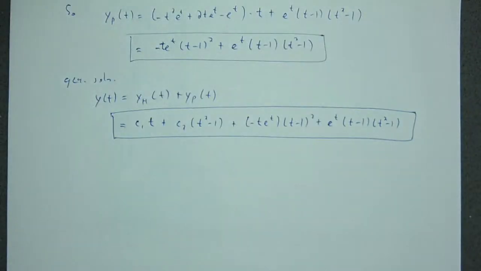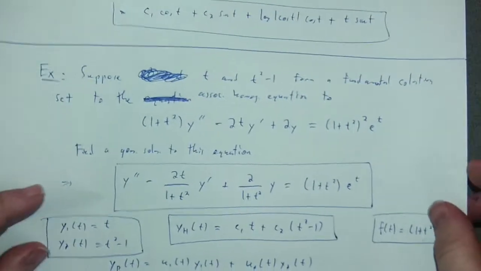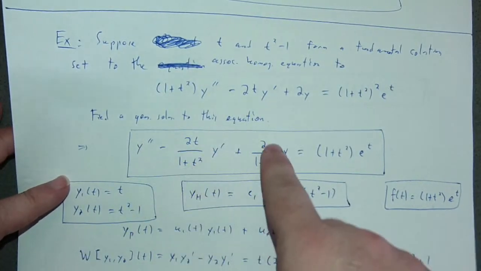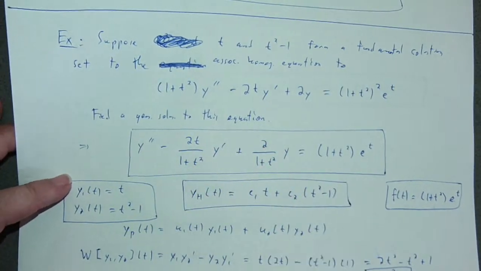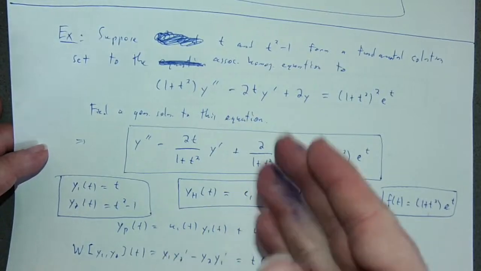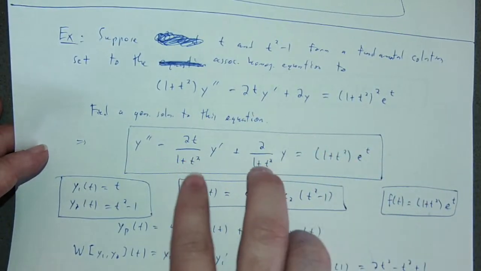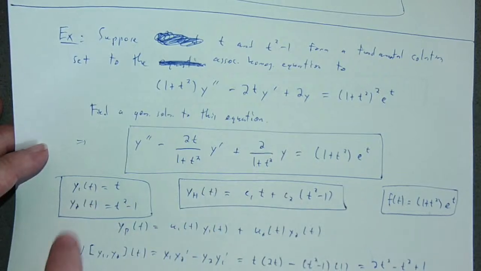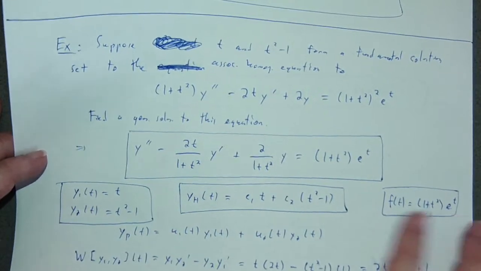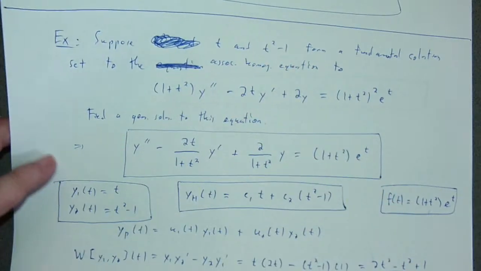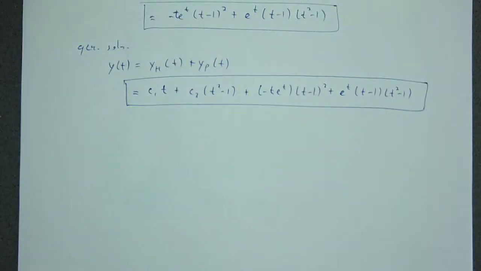So for instance, going back to show you, notice the minus 2t over 1 plus t squared and the 2 over 1 plus t squared don't show up directly in the formula, but they're there hiding. In fact, the fact that a1 and a2 are equal to those things is what gives you the y1 and y2.